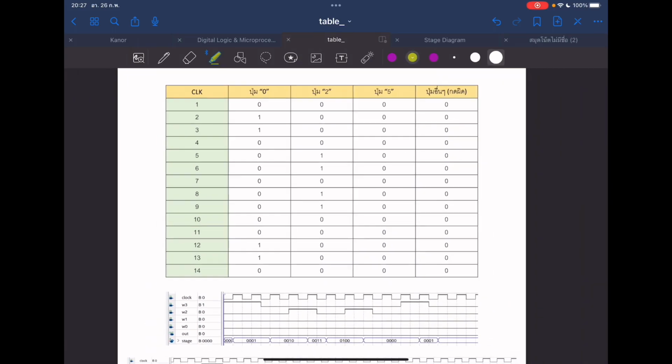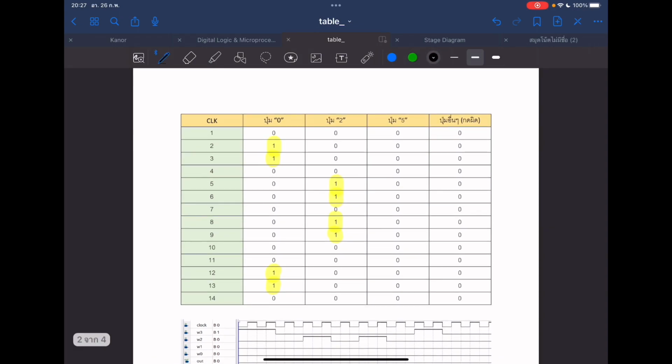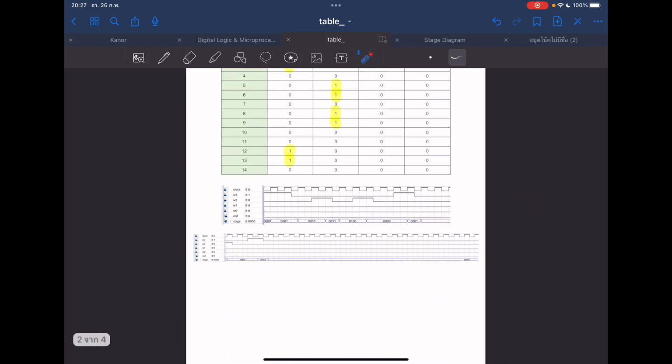Next we press 0, press 2, press 2 again, and then we press 0. So the number is 0 to 0, 5, and this should be the correct number, and this one is wrong, and then it should start at 0 again.